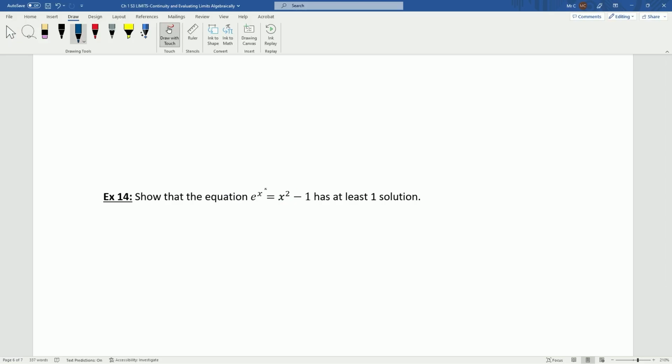So if we adjust our equation here, we get that e to the x minus x squared plus 1 is equal to 0. That's an equivalent equation, so we're going to consider the function f of x equal to e to the x minus x squared plus 1.